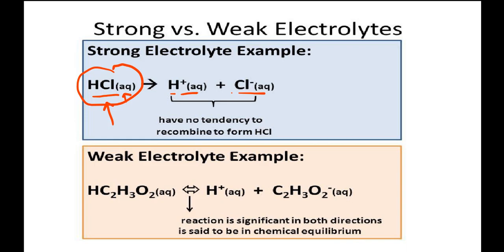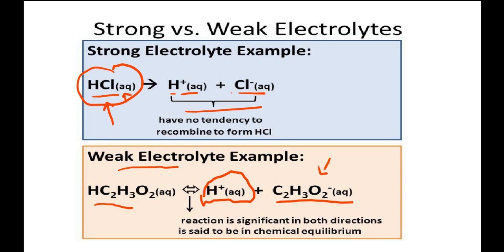On the weak electrolyte side, we can see that this HC2H3O2, when it dissociates, only one of the hydrogens separates from the rest. The rest remains intact, so the dissociation is not complete. This one is a weak electrolyte.